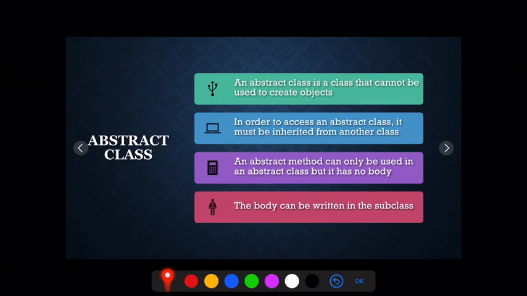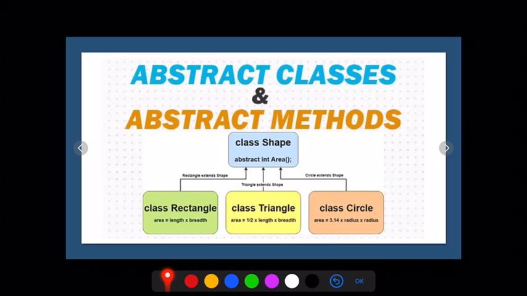You cannot create objects out of that abstract class. In order to access an abstract class, it must be inherited from another class. And I will provide sample code to understand this concept. An abstract method can only be used in the abstract class, but remember, it has no body. The body can be written in the subclass.